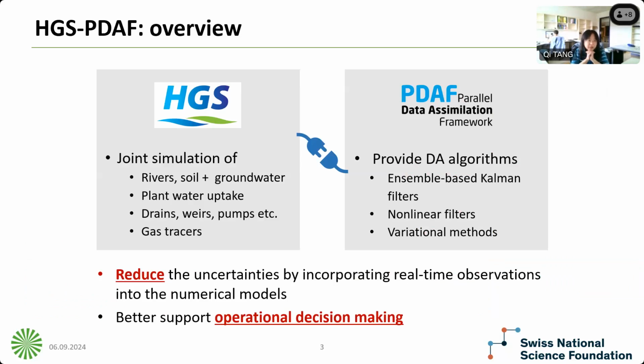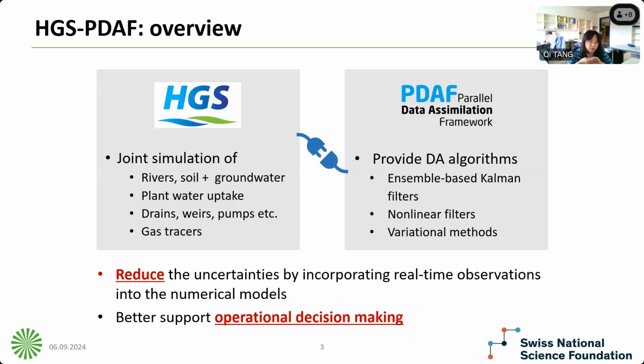As the title suggests, HGS-PDAF consists of two robust systems. The first one is HydroGeoSphere, an integrated surface and subsurface hydrological model, and the second is the Parallel Data Assimilation Framework, PDAF. HydroGeoSphere is a physically based, integrated surface and subsurface hydrological model, which can simulate surface water, like rivers and channels, and the groundwater, soil water, and deeper groundwater in one framework.